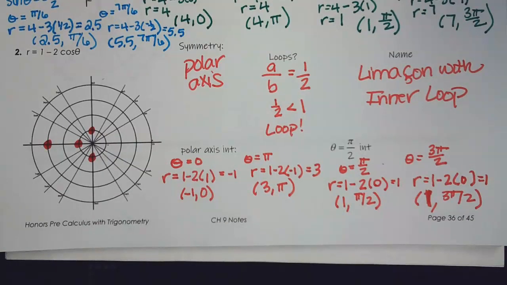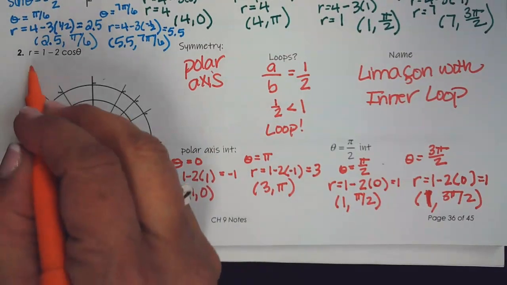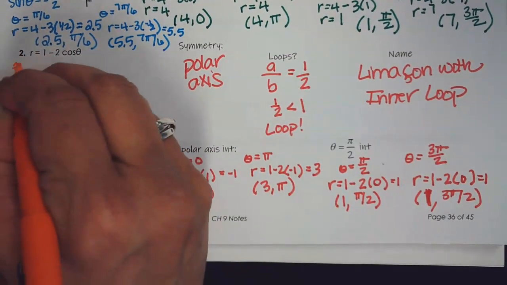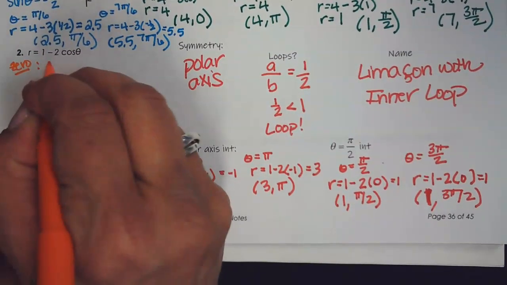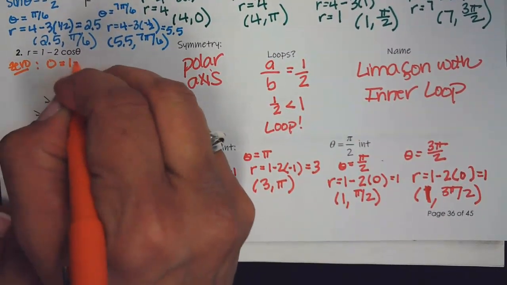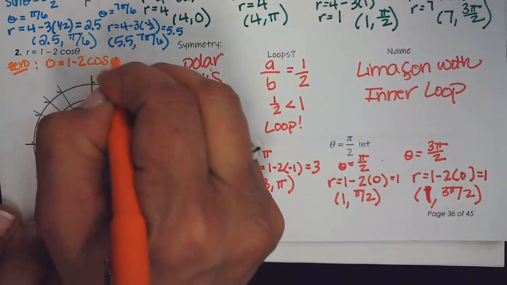Okay. So the one thing that we didn't have is a point at the pole in the other question. What we could do is see if this would have a point at the pole, if this has a 0 to it. So we can say 0 equals 1 minus 2 cosine theta.